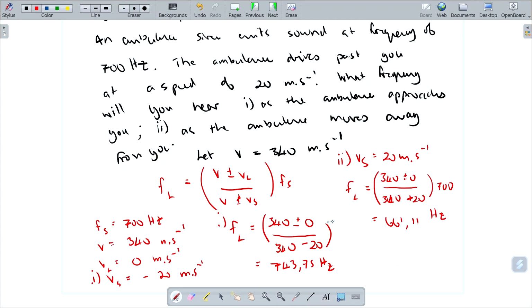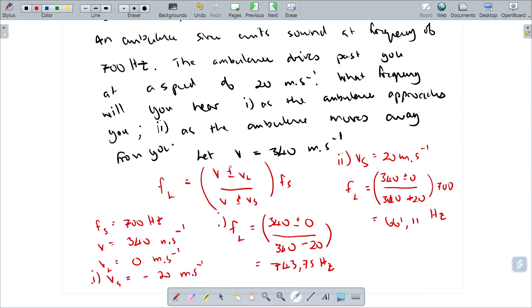In other words, we see that the frequency has decreased because it's moving away from you, and this is exactly what we would expect. So this is very important to understand. If we look at a question like this, the plus or minus here depends on whether the relative motion is with respect to the observer and the source. Thank you very much. We'll see you next time.